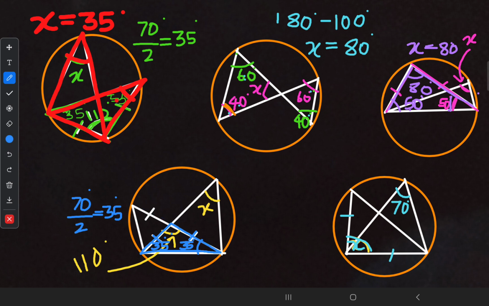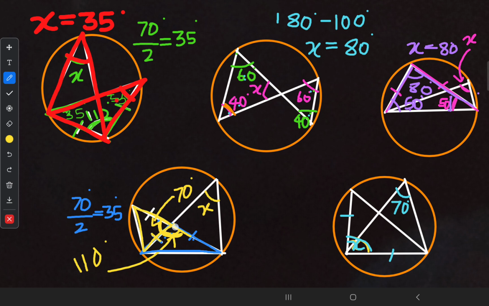We can find this angle also. Just look at this line. This angle sum is 180. From 180, when you subtract the pre-existing 110, that will give you this angle as 70 degrees. So this would be 70. This is also an isosceles triangle.